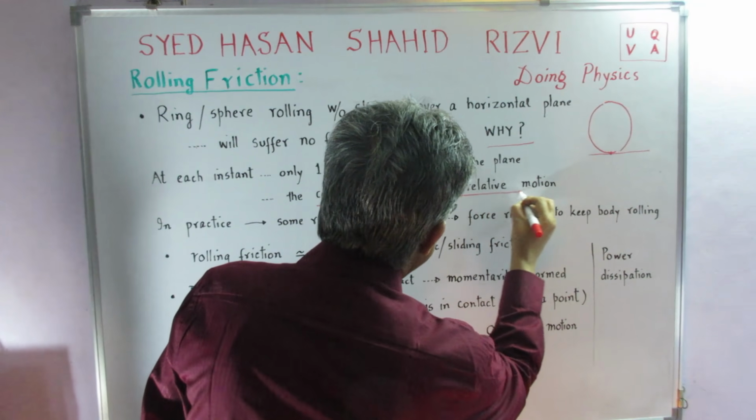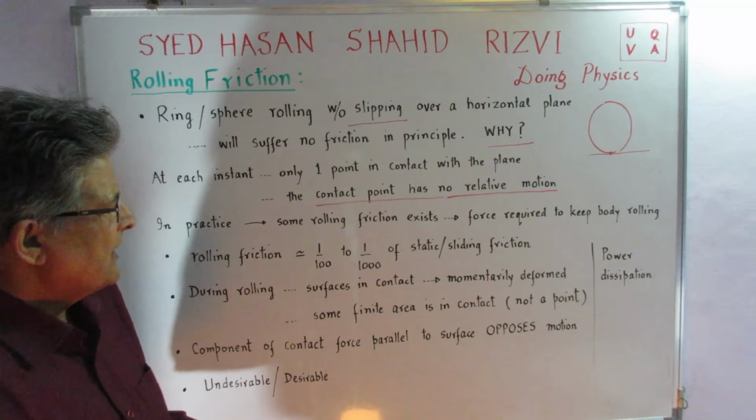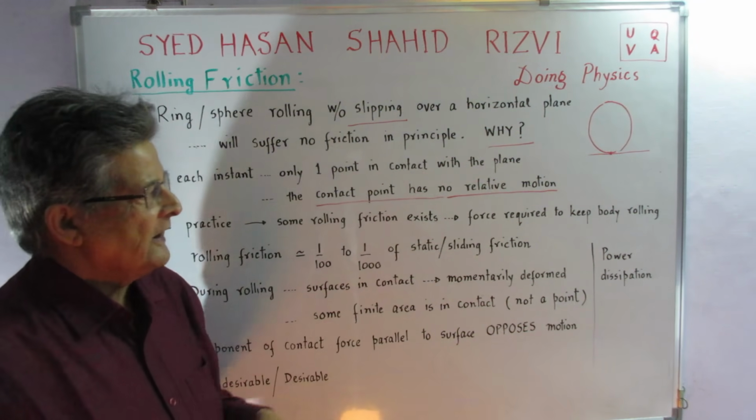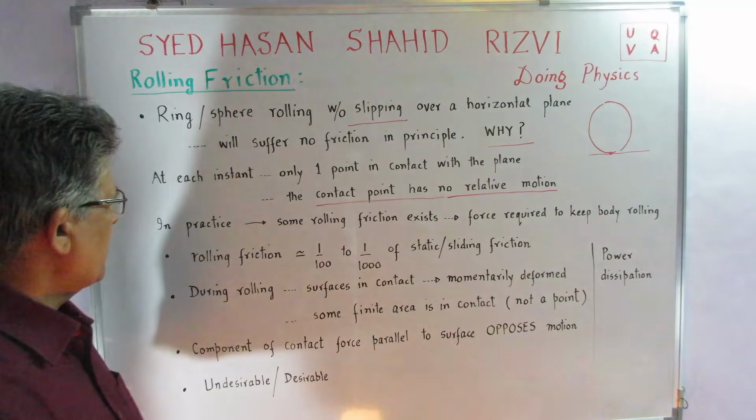The contact point has no relative motion because it's just a point, and there is hardly any area in contact with the surface under consideration.